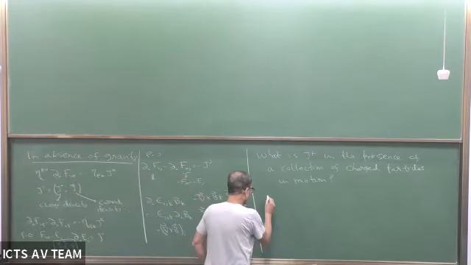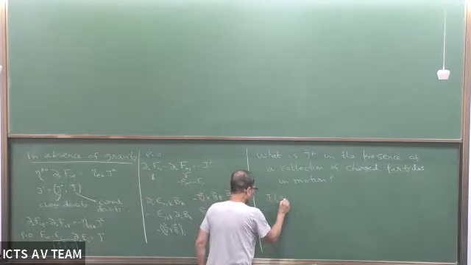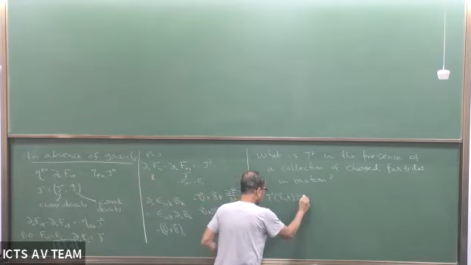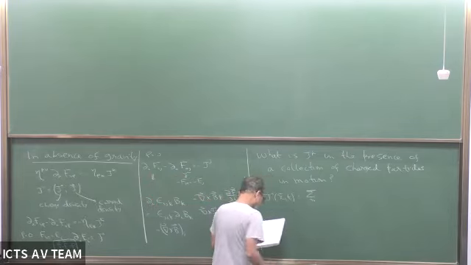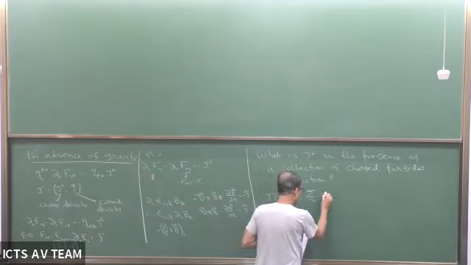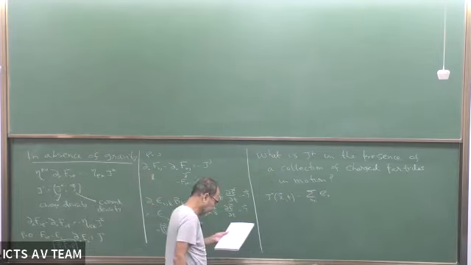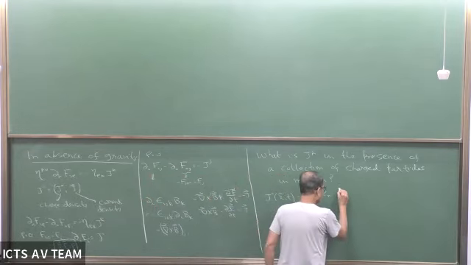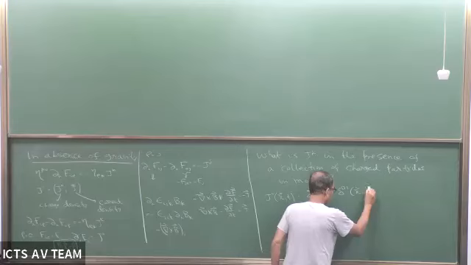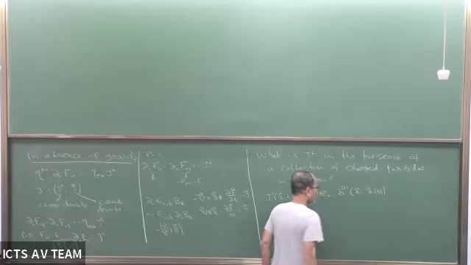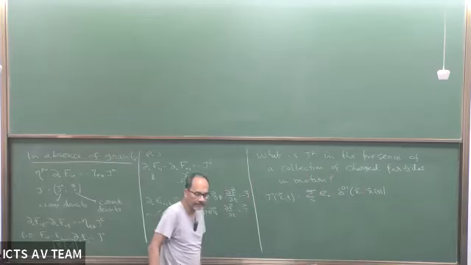So J0 of x, t will be the sum over n. This is a sum over all the charged particles. e_n is the charge carried by the nth charged particle. And then delta cube of x minus x_n of t. The charge density is where the charge particle is.